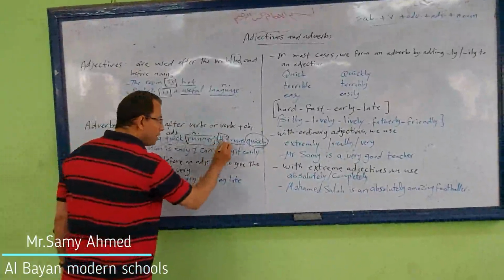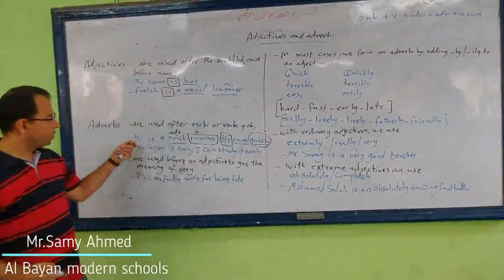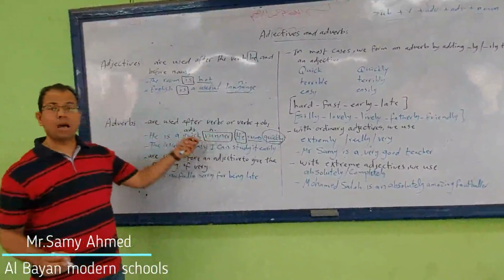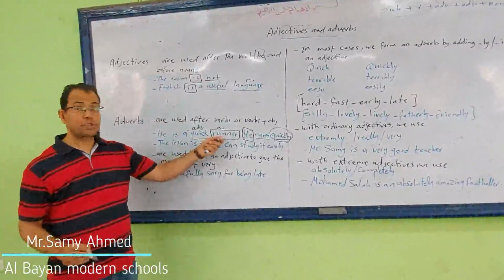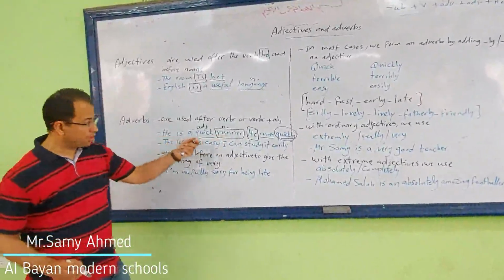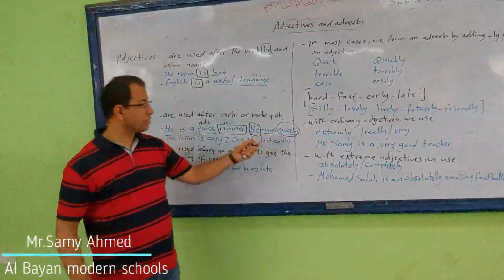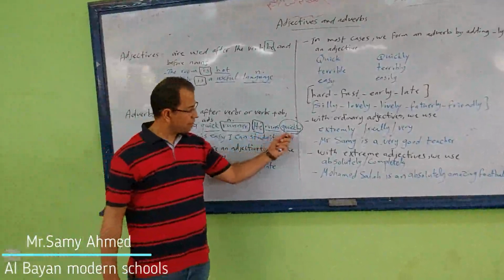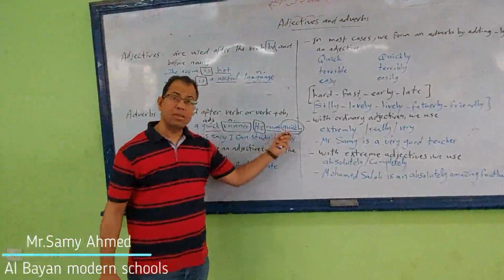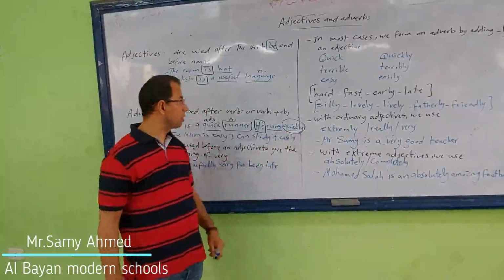I'm not describing him, like in he is a quick runner, where I'm describing the word runner, which refers to he. But here I'm talking about the action, the activity he does. He runs quickly. So quickly describes the word runs.